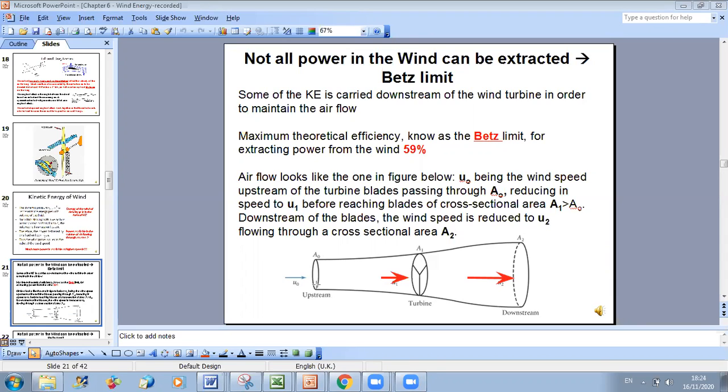But we can calculate that the maximum theoretical efficiency for extracting power from the wind, known as the Betz limit, is equal to 59%. And we will do together a small analysis. Of course, you are not responsible for such a complicated analysis, but I want you to see how we derive this ratio, 59%.